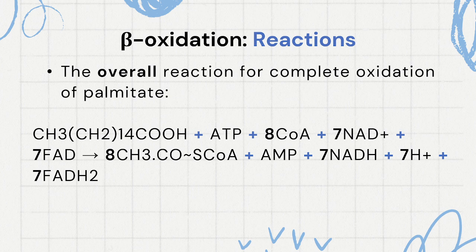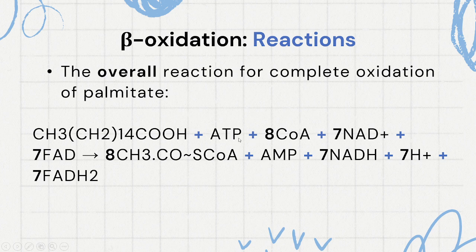The overall reaction of complete oxidation of palmitate is that we have our 16 carbon atom palmitate. We need ATP as the source of energy. We are going to, of course, require 2 high-energy phosphates. We need 8 acetyl-CoAs, 1 for the initial reaction, and 7 for the newly formed acetyl-CoAs.